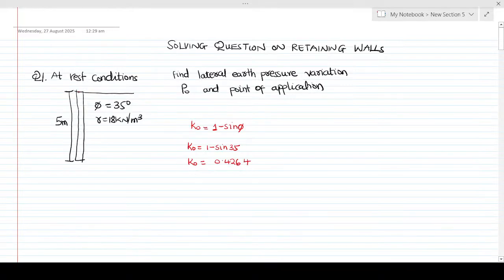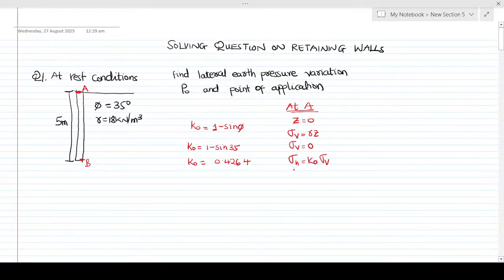Then I can make the retaining wall's important points B and C. At point B, my vertical stress requirement will be equal to twelve. And I know that my horizontal stress is the coefficient K naught times twelve.